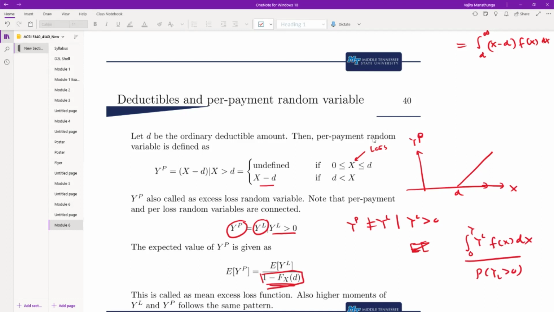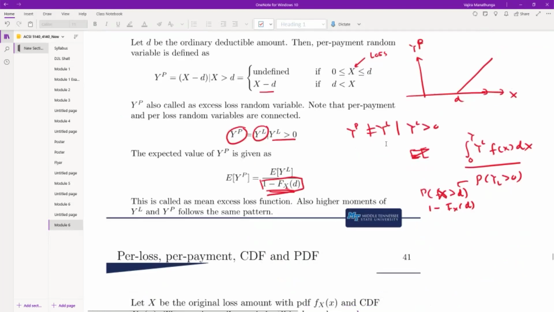So that's why this is basically the probability that the random variable x is more than d, which is 1 minus F(d). This one is called the mean excess loss function.